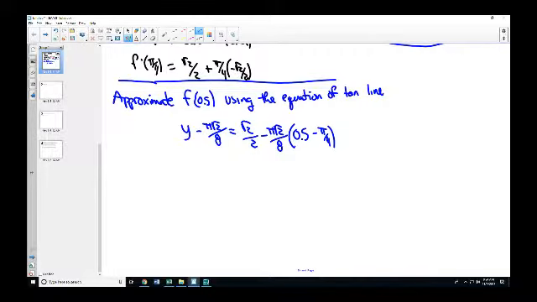You don't have a calculator. How do I isolate y? You move the pi root 2 over 8 over, add it.